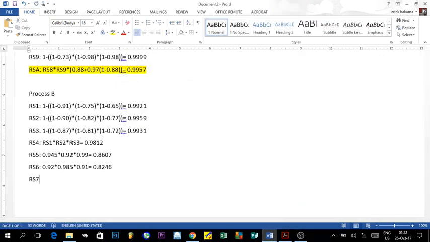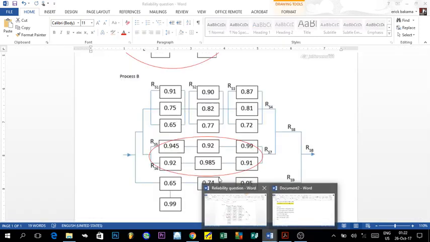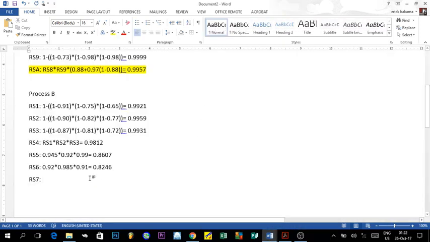We have RS7, which is, because they are in parallel, 1 minus, I open my bracket, 1 minus RS5, times 1 minus RS6, like this. We already have the value of RS5, 0.8607, RS6, 0.8246.